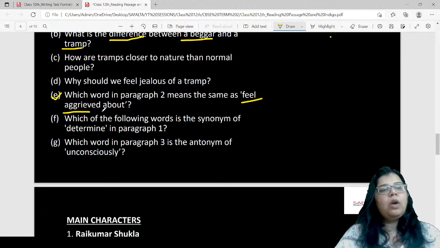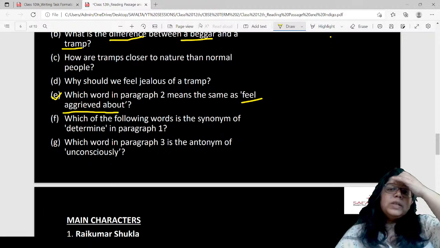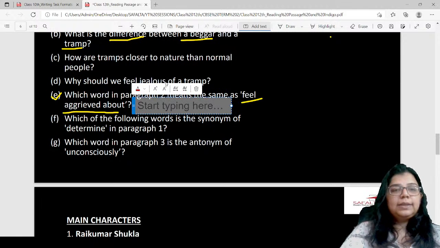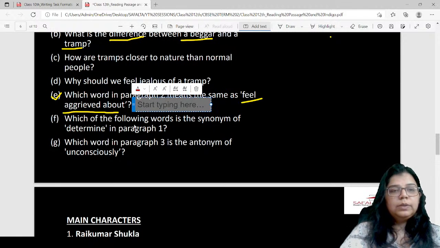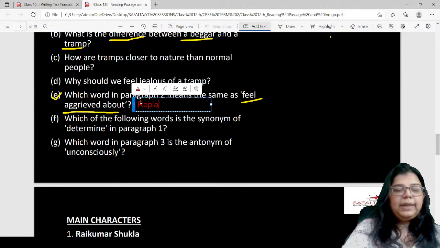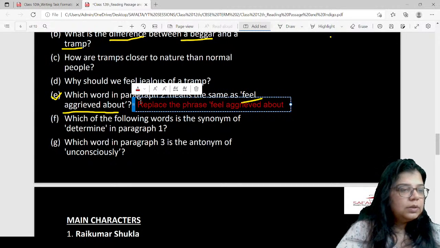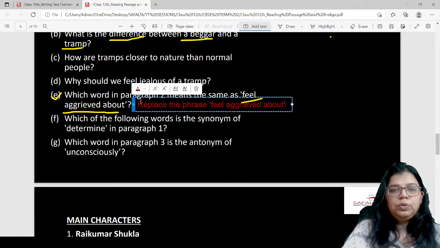So this is how you can get the question, or you can also get this question like this. I'm just going to quickly write it here. Replace the phrase feel aggrieved about in one word.